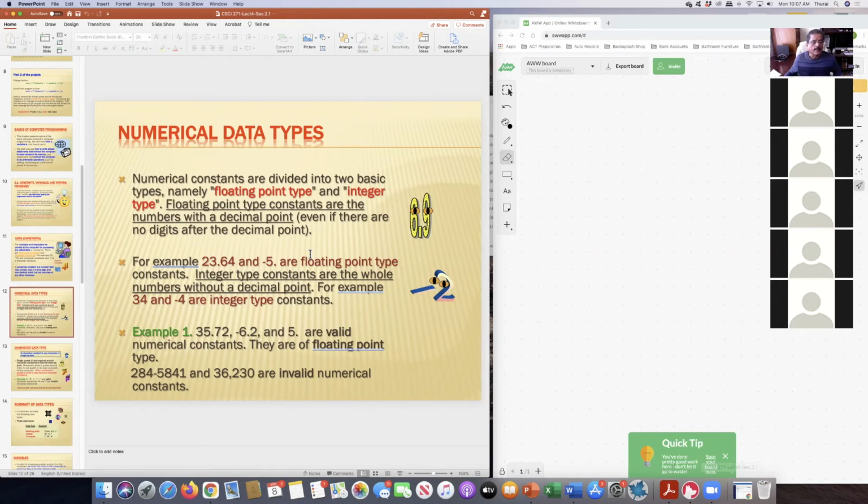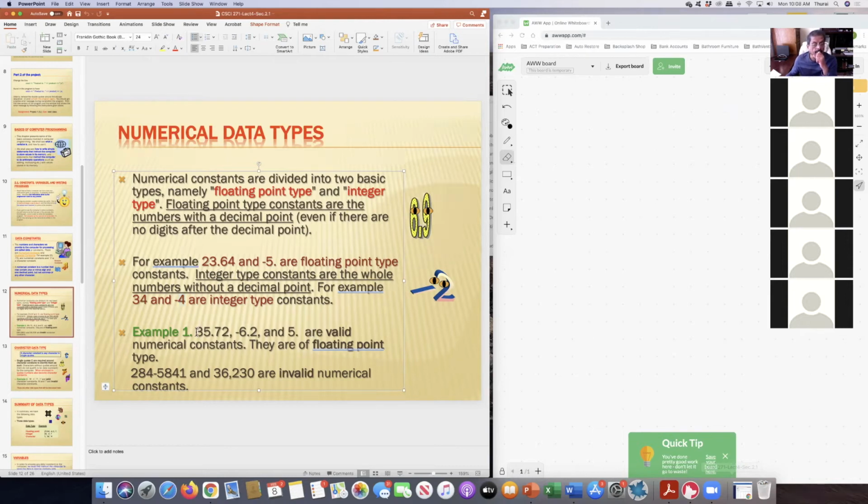So here's an example. 23.64 is a numerical constant which is float type. Minus 5 point is a numerical constant which is float type. And integer type will be 34 or minus 4. There's no decimal point. Like I said, the decimal point is what makes them different in computer science.